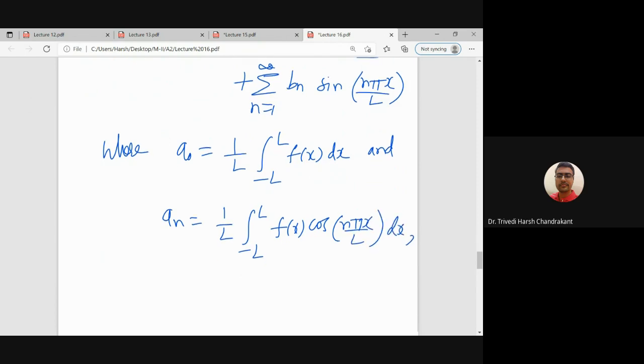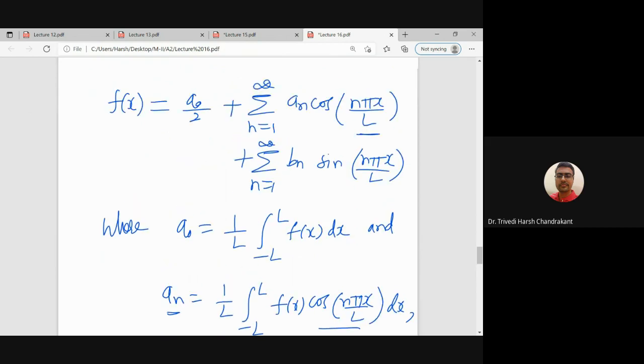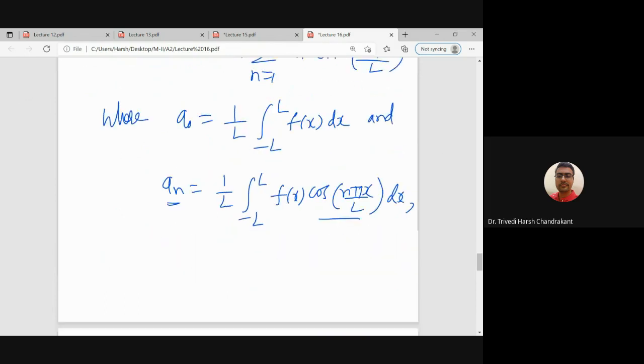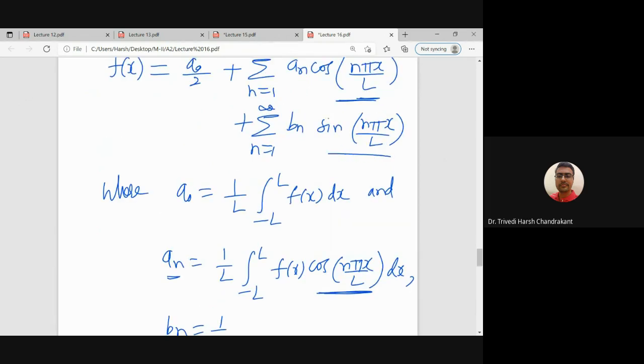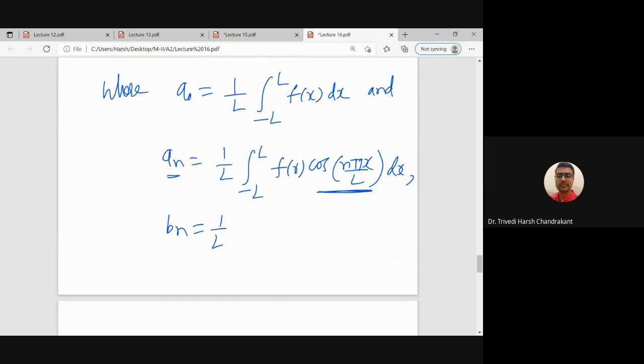These terms involve cosine functions, and the other terms involve sine functions. The an term, the coefficient of the cosine terms, involves a cosine in the integral. In the same way, bn, the coefficient of the sine terms, involves a sine function.